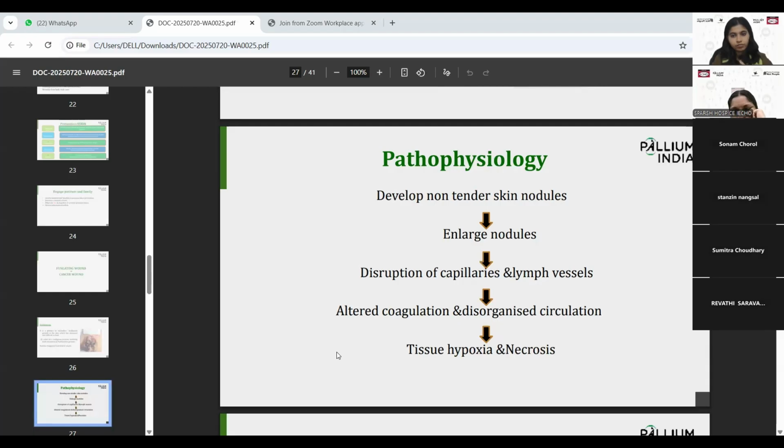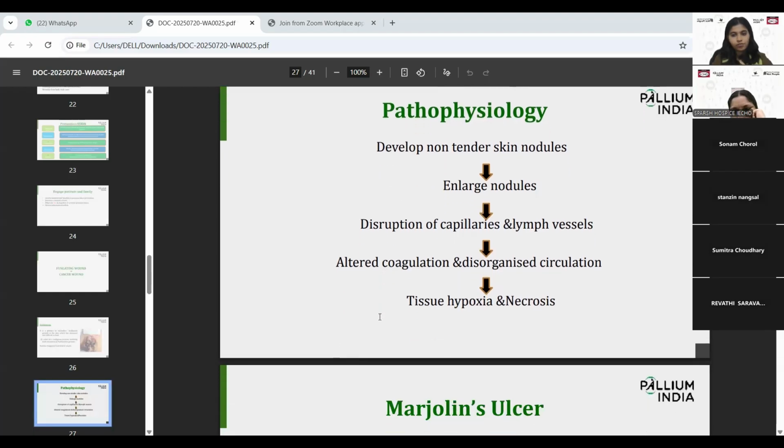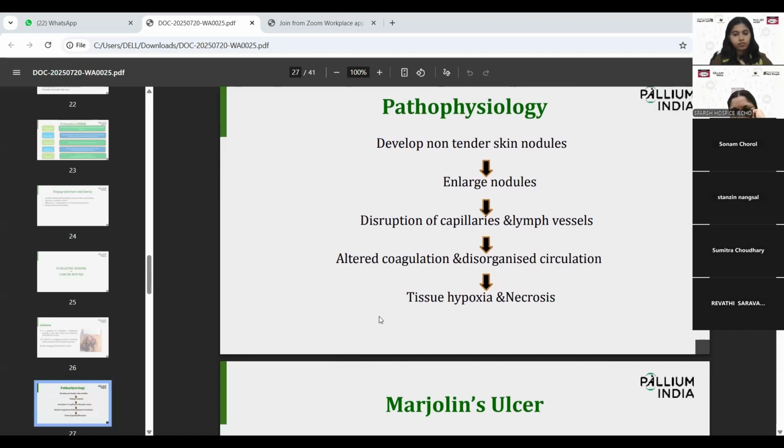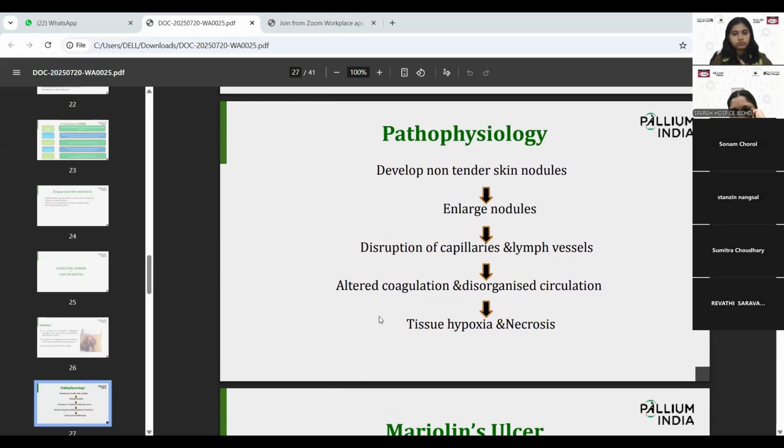The skin structure and cell structures also will be changed. That will lead to tissue hypoxia, because we need structured capillaries and structured lymph vessels to maintain nutritious blood supply. But here, disturbed blood vessels will lead to tissue hypoxia and necrosis itself. Okay, cell death may occur in this situation.